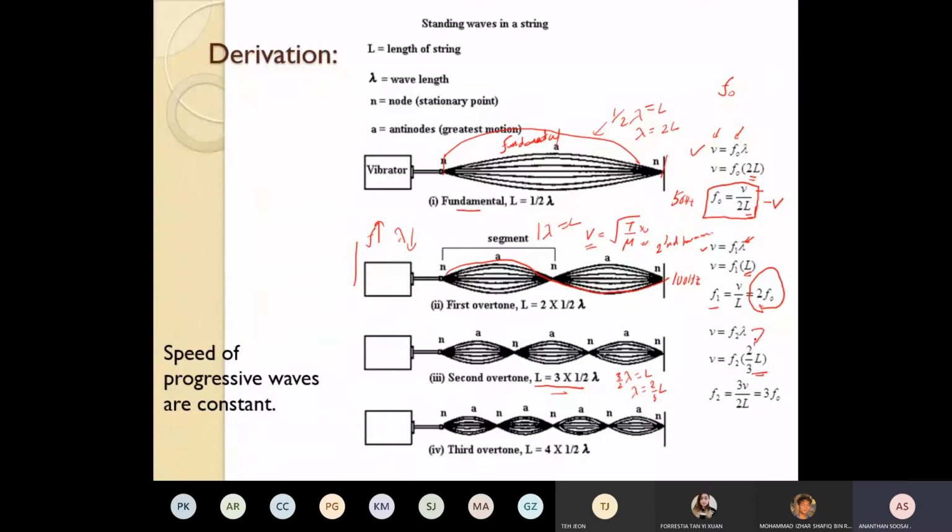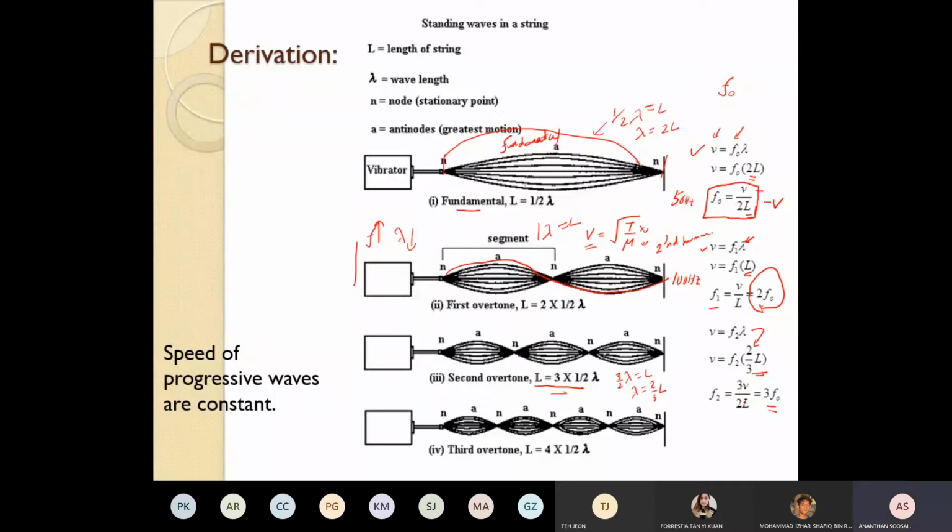In the exam, they won't give you lambda, they just give you the length of the string. From the length of the string, you have to work out the lambda by looking at the appearance. So F2 is 3V over 2L. Compared to F0, V over 2L, 3V over 2L divided by V over 2L gives 3F0.